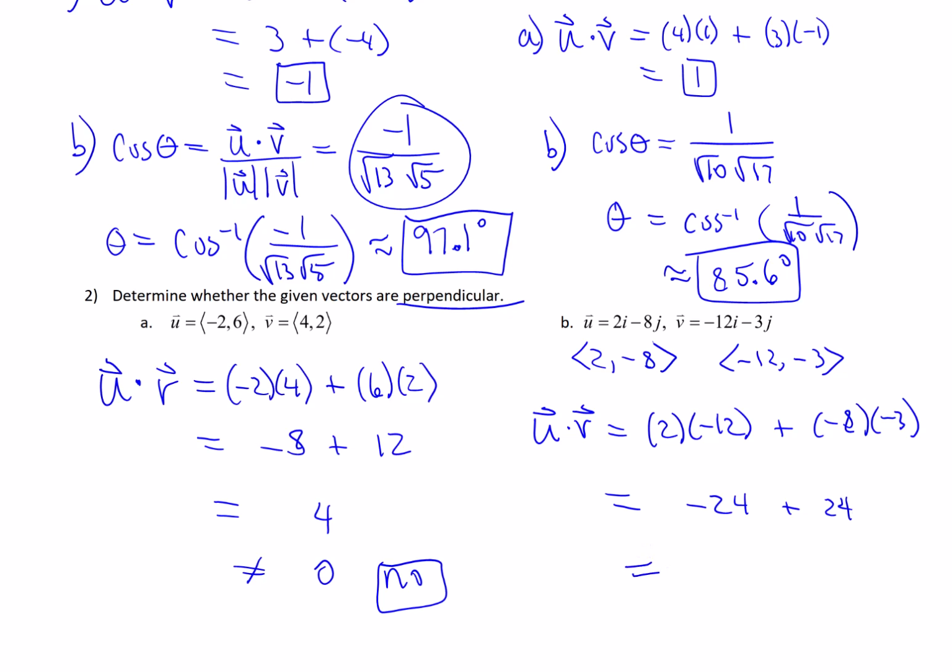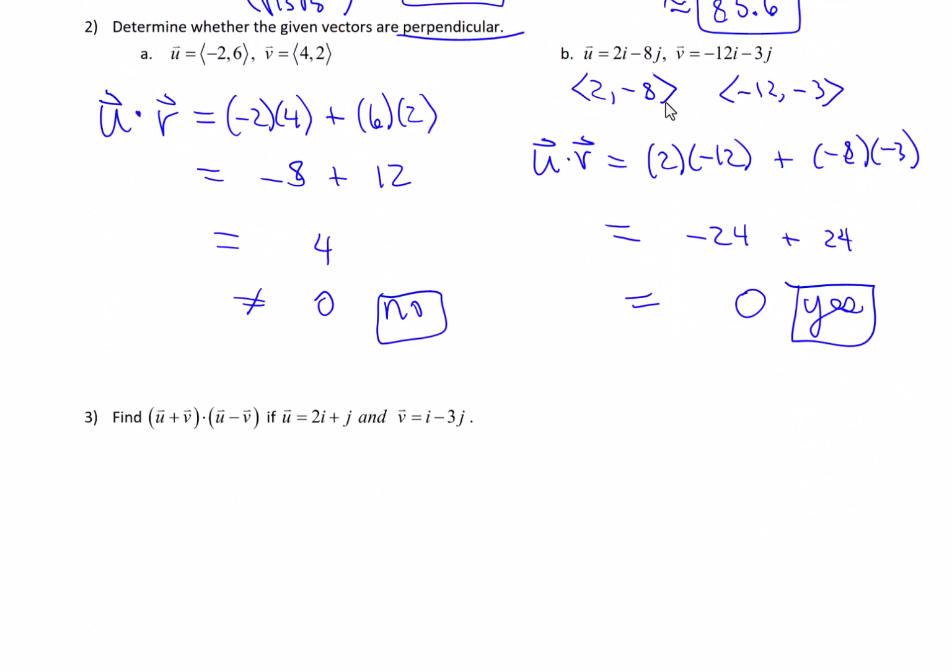So negative 24 plus 24, of course, is 0, which means we would say yes, these are perpendicular because of the orthogonal definition we have above. Their dot product is 0. That means, of course, if you were to graph these two vectors, what you would find is that they would meet at a right angle. That's exactly what it means to be orthogonal.